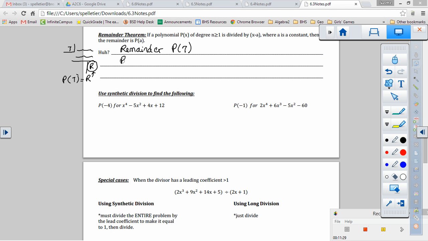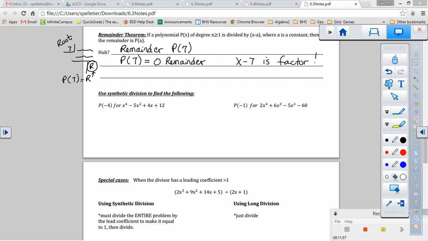means that if you plugged P of 7 into the equation, and it equals 0, so you've got a remainder of 0, then that means that x minus 7 is a factor. So remember that the root, remember this was the root when we were dividing.